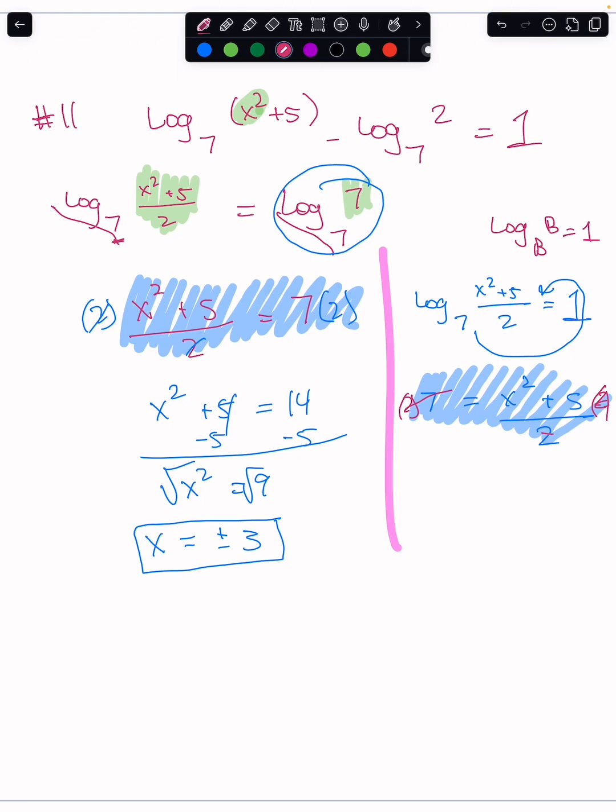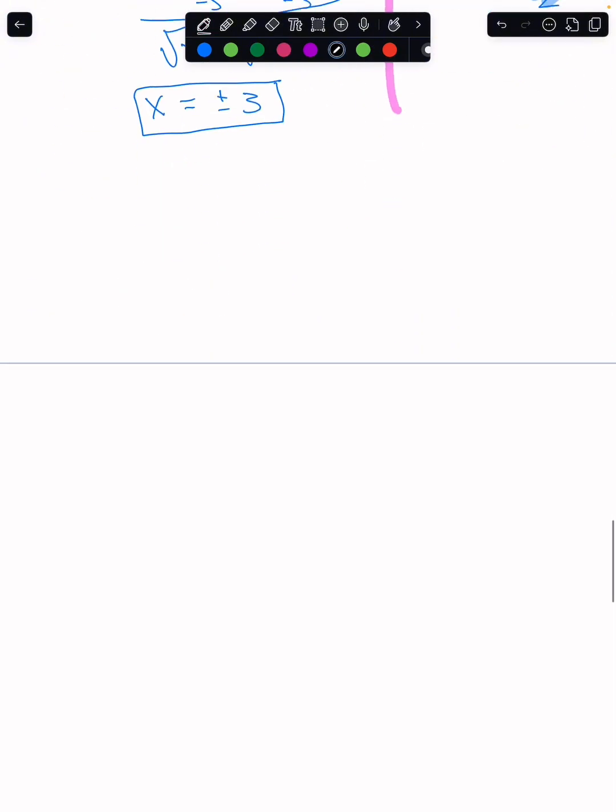And then finally, number 12. Whew, I'm glad this is over, because these allergies are beating me up. All right, anyways, number 12. Finally, we got log base 9 to the x minus log base 9 to the x minus 3 equals 1.